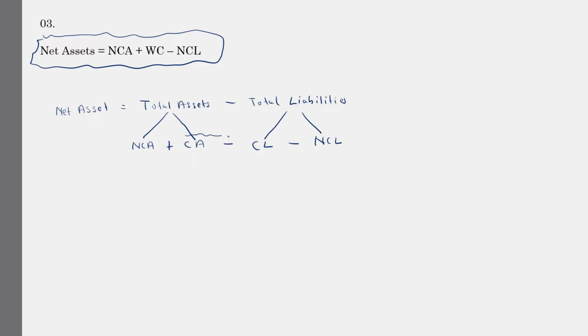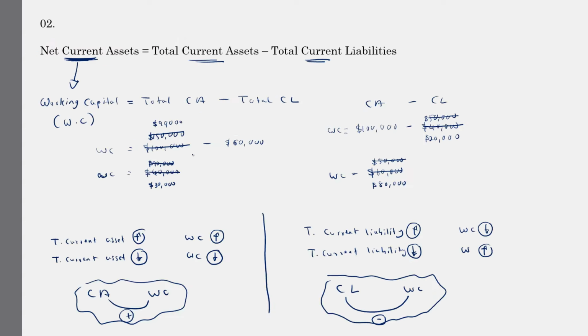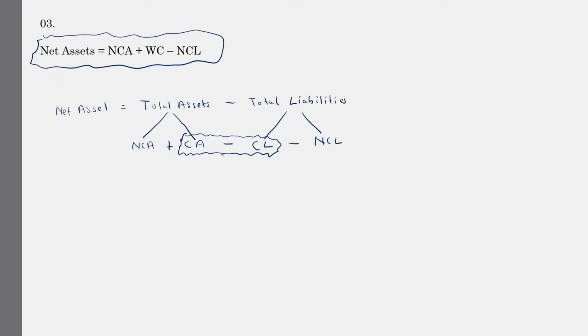If you take these two, what is this? Current assets minus current liability. So we learned here, current assets minus current liability is your net current asset. Another name that we are using for net current asset is working capital. So this part is your working capital. Then non-current assets plus working capital minus non-current liability, you will get the net asset.